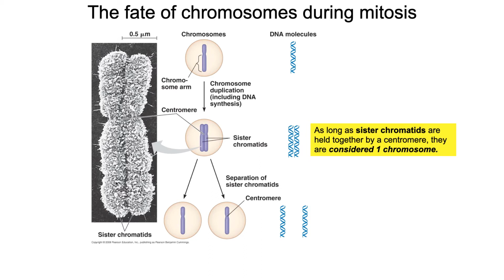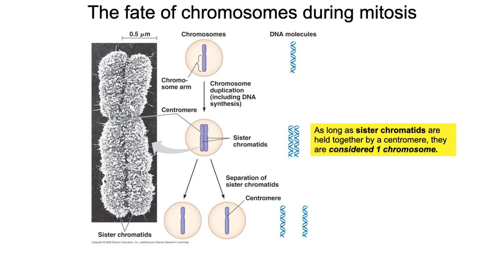Now, as long as sister chromatids are connected by a centromere, like we see in this figure here on the left, we still consider it one chromosome. Now, it is a duplicated chromosome. It consists of 2 sister chromatids, but nevertheless, as long as it's connected by a centromere, this whole thing is considered one chromosome.